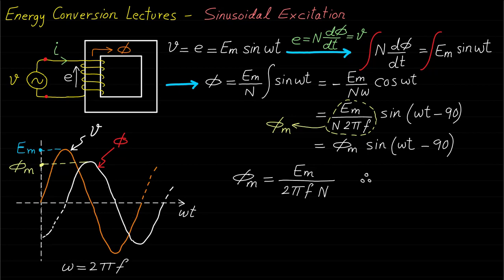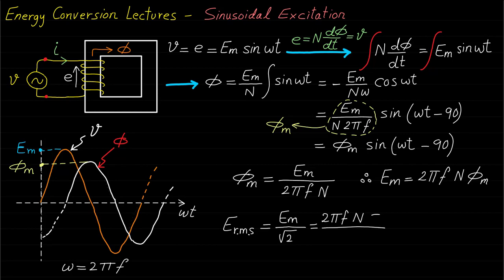Em equal to 2 pi f N phi m, and the RMS value E RMS equal to Em over root 2, and this will equal to 4.443 multiplied by N multiplied by f multiplied by phi m. This is a very well-known relationship between the voltage and the magnetic field, and we need to always memorize it.